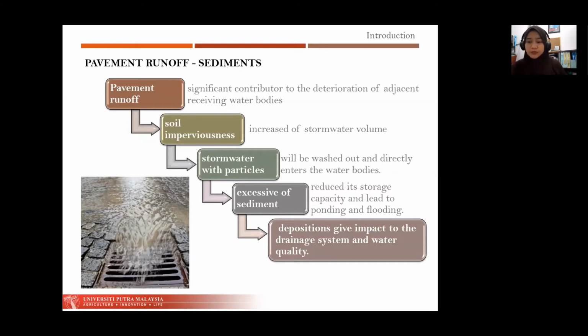This stormwater with particles will be washed out and directly enter the water bodies. The excessive sediments that build up in the drain also reduce its storage capacity and lead to ponding and worse flooding in certain areas. This phenomenon, roadway deposition, impacts the drainage system and our water quality.